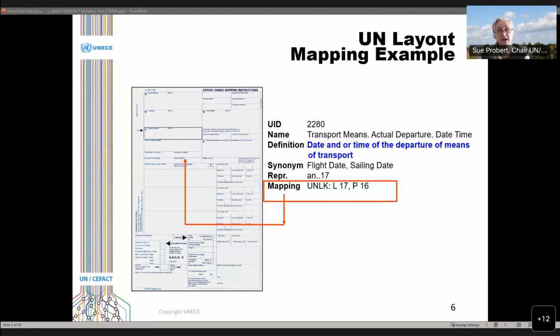And then we have the name and the definitions. And not only that, we also have where it occurs on the form, and also which of the international regulations use that field for that data on their form. So it's a very valuable link to the International Convention paper layouts. Next slide, please.